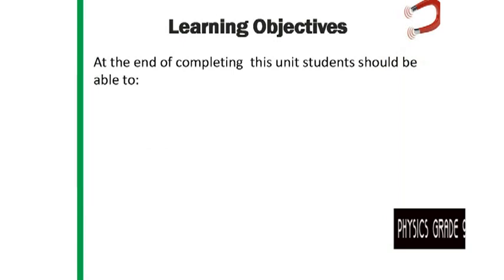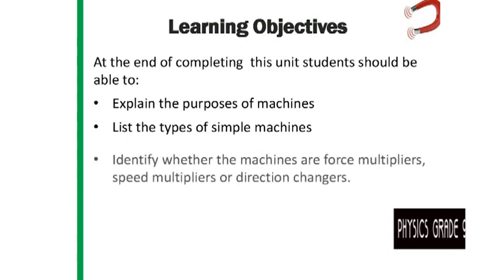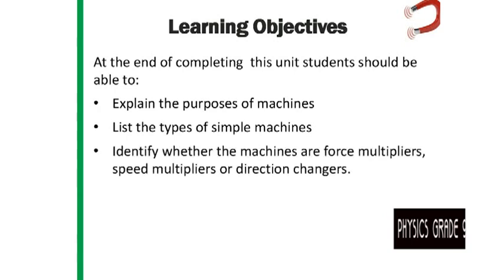After completing this unit, students should be able to do the following. You should be able to explain the purposes of machines, as well as list the types of simple machines. You should also be able to identify whether machines are classified as force multipliers, speed multipliers, or direction changers.